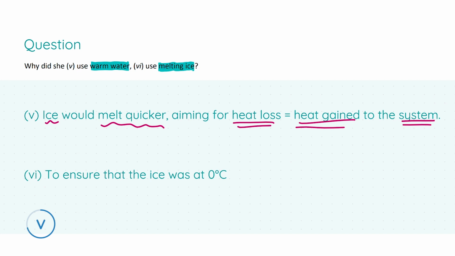Ice will melt slowly if the water is too cold, which then allows time for heat to enter from the surroundings, giving distortions to our calculations, which we do not want. This explanation will get you 3 marks. For your other 3 marks, you have to explain that you use melting ice to ensure that ice is always at 0 degrees Celsius. That gets you 3 marks. And as the melting point of ice is 0 degrees Celsius, melting ice is guaranteed to be at this temperature.